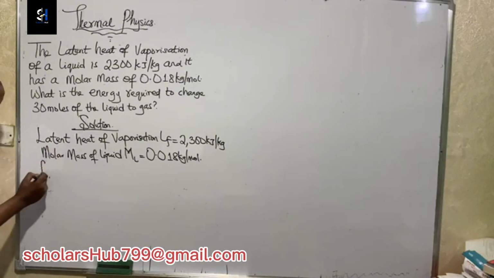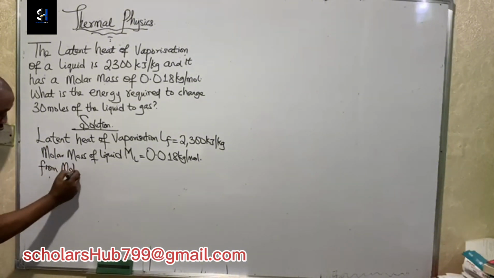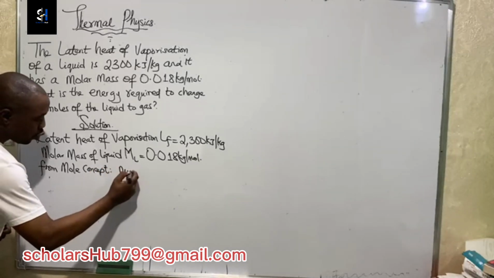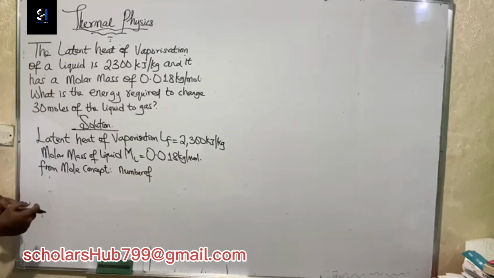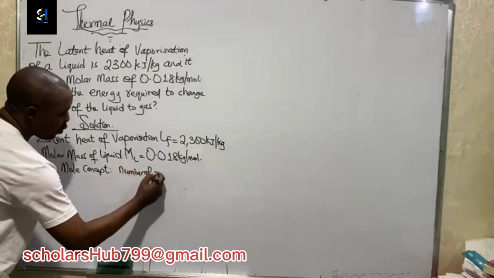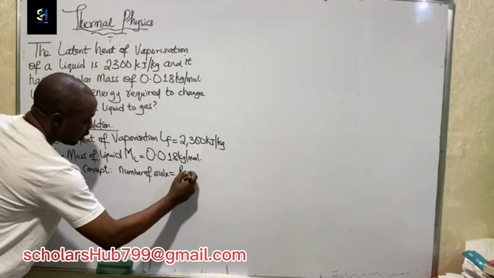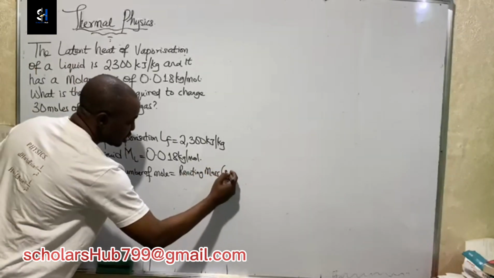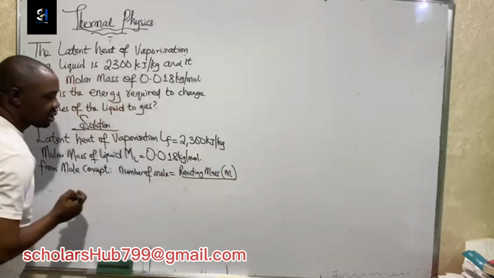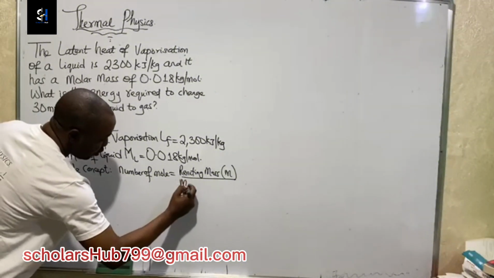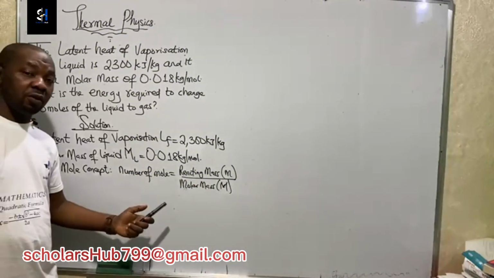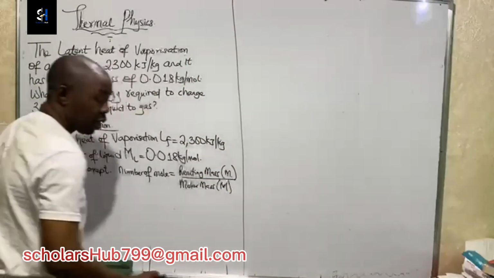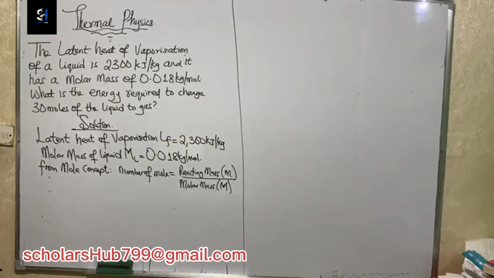From mole concept, we know that the number of moles, or mole of substance, is equal to the reacting mass, which is represented with a small letter n, over the molar mass, 22.4 dm³ per mole in chemistry, or 22,400 cubic centimeter per mole.